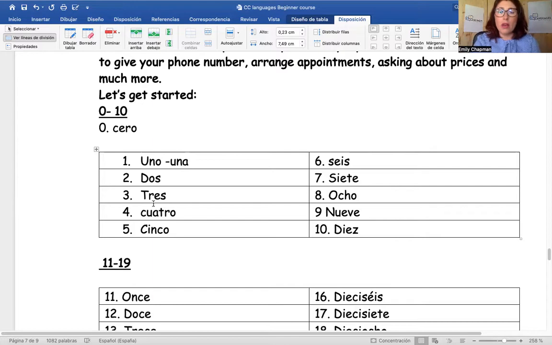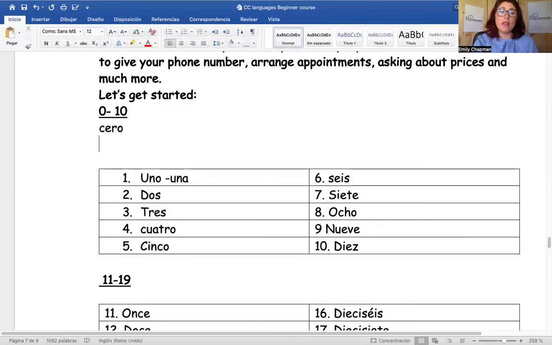For example, if I'm counting something, I would always say, no matter what the object is, if it's masculine or feminine, that's completely irrelevant. I would just count 1, 2, 3, always like that when I'm referring to uno as 1. But if I'm referring to uno as, in Spanish, a or an, that could be masculine or feminine.